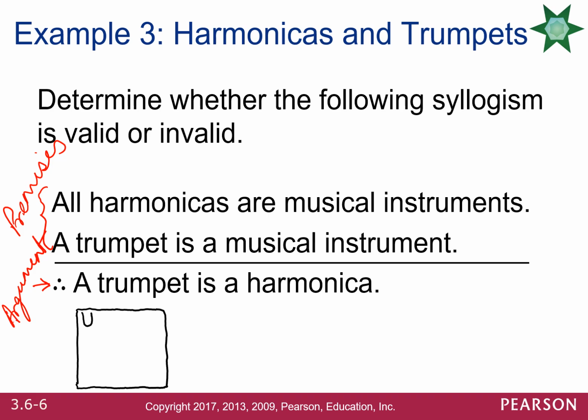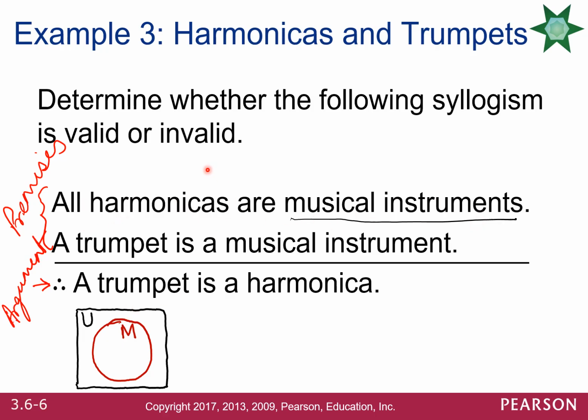And inside the universe, we have a set of musical instruments. All right, so we are going to draw a circle that will represent all musical instruments. And then it says here, the first premise says, all harmonicas are musical instruments.